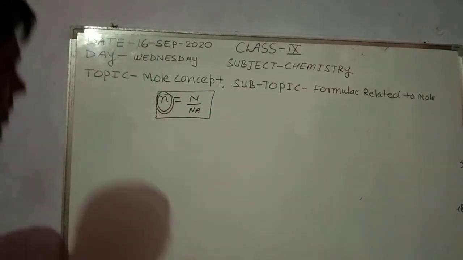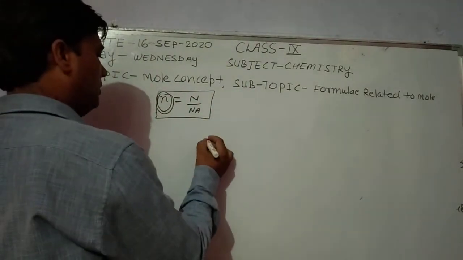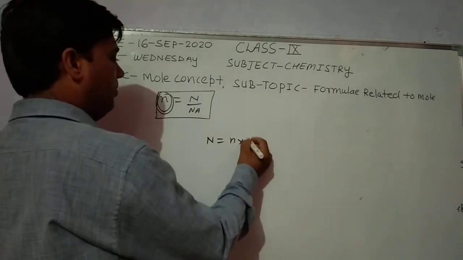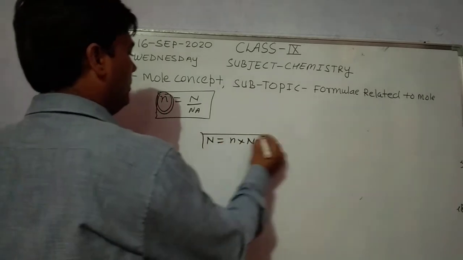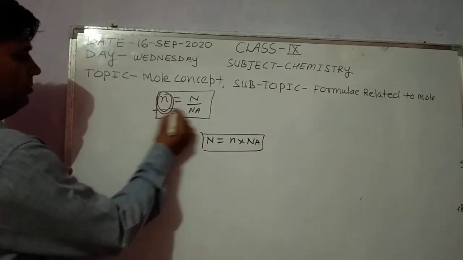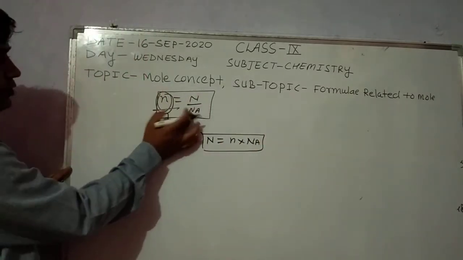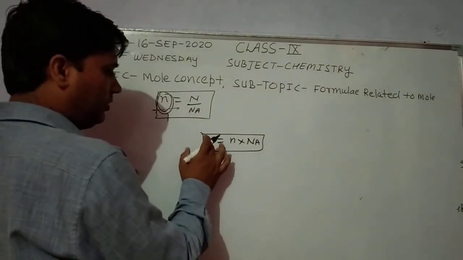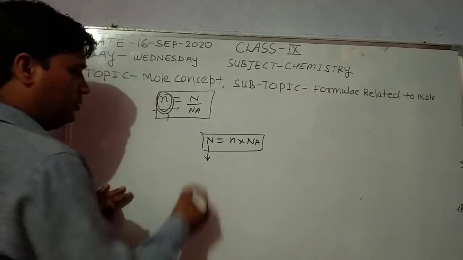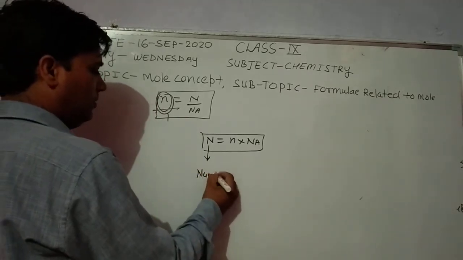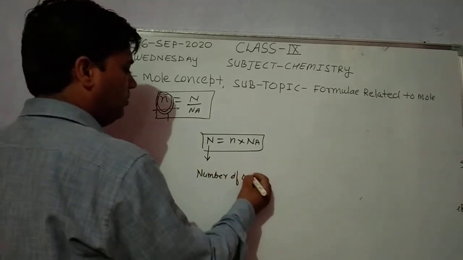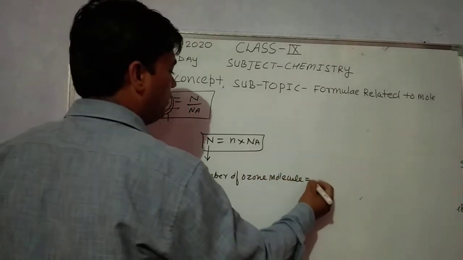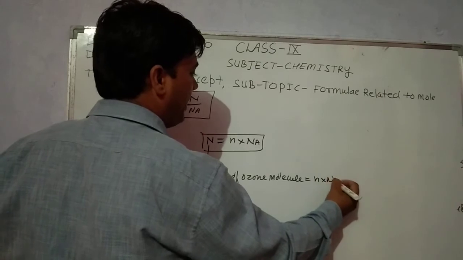Number of molecules of ozone is equal to number of moles into Na.